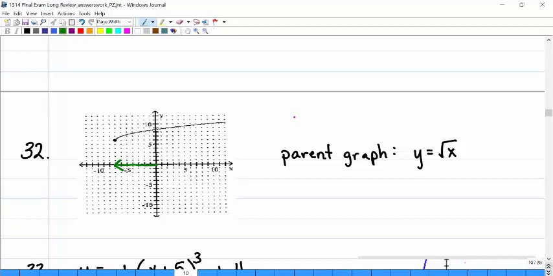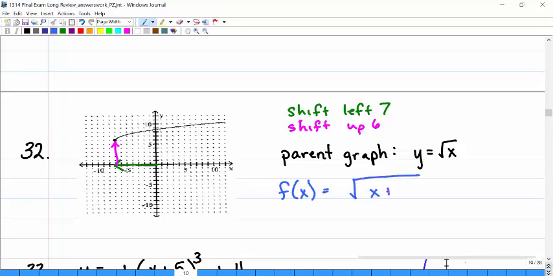So I want to move left 7, and then I want to go up, 5. No, what is that? 6. So my graph is going to be the function f of x equals square root of x plus 7, that moves it left 7, and then plus 6 out to the right moves it up 6.